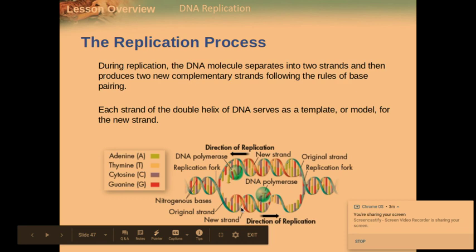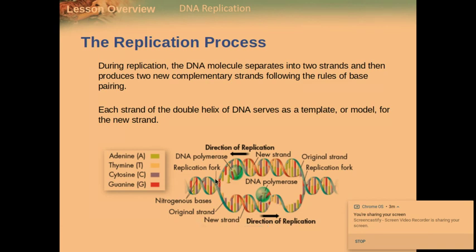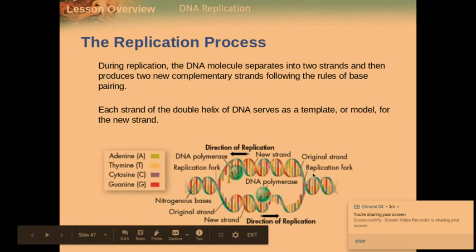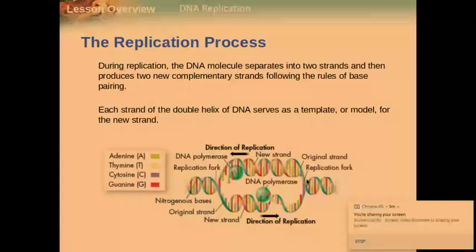And at the same time, it's going to happen here as well. So you started off with one strand, you unzipped it right down the middle, and then you added the other side to the part that was unzipped. If you could imagine taking a zipper, unzipping it, and then adding another zipper to each side, you would end up with two full zippers. And that's basically what's going on here.